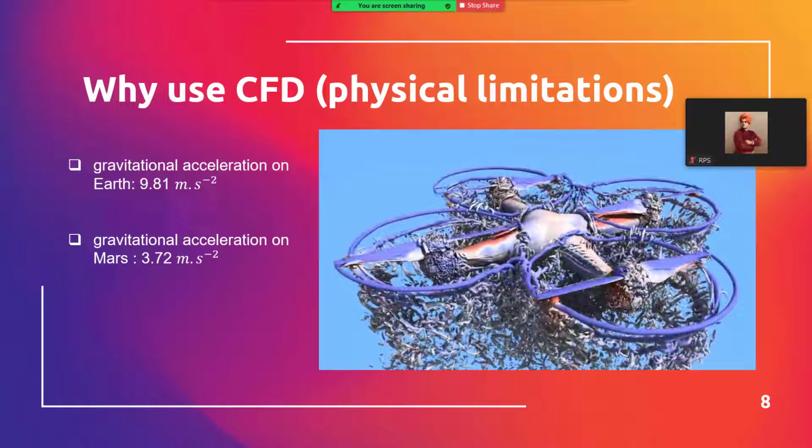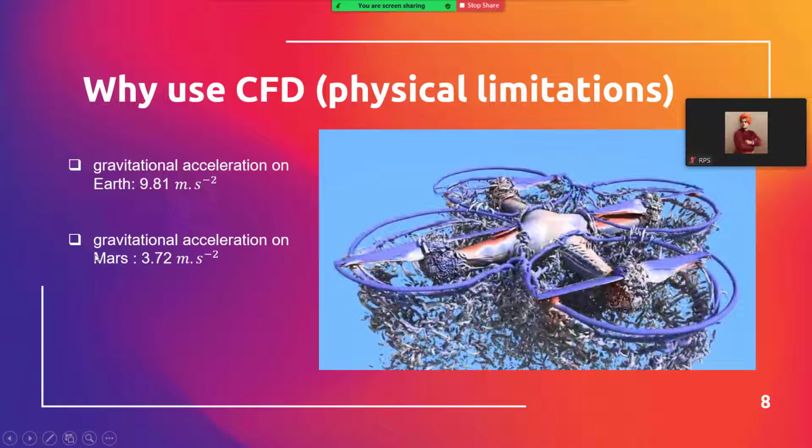We have physical limitations. But if you use CFD on our computer, we are kind of the god of our world. We can change every physics that we want. We can change the gravitational acceleration by just typing a new number. We don't need to create a huge space, a box with many modern systems to create a different gravitational acceleration.